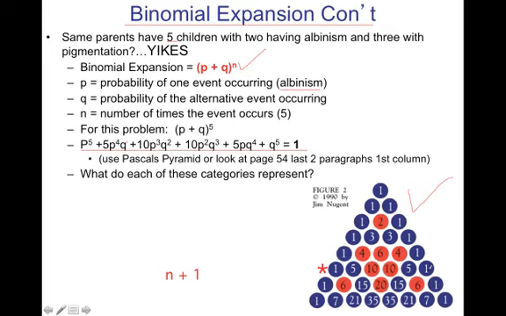And we use this row here. You know you need this one because there are 6 numbers here, and we have 6 different terms here. We know that if we did all these calculations and added them together, our answer would be 1. Okay, so let's work our problem.